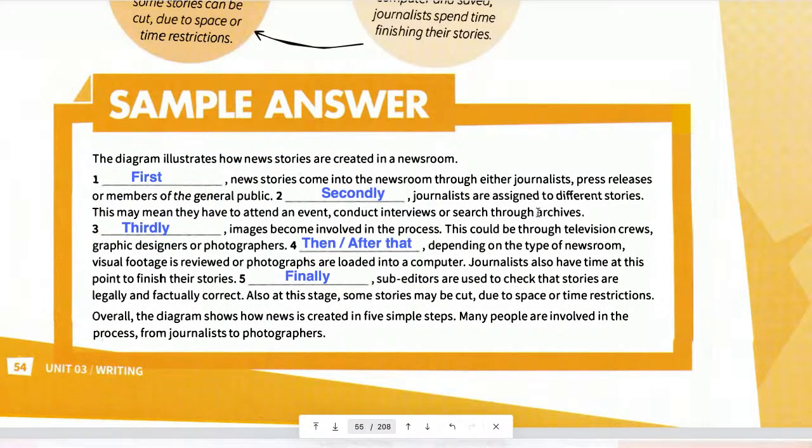And you can rewrite again what this diagram is about. Okay? So you see from the introduction, they say the diagram illustrates how news stories are created in the newsroom, right? And in the summary, again, they say overall, the diagram shows how news is created in 5 simple steps. And then they may add something more, like many people are involved in the process, from journalists to photographers.